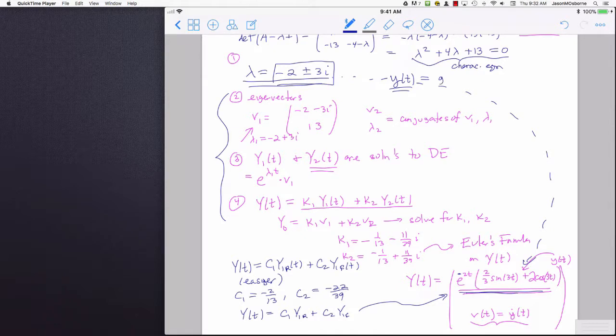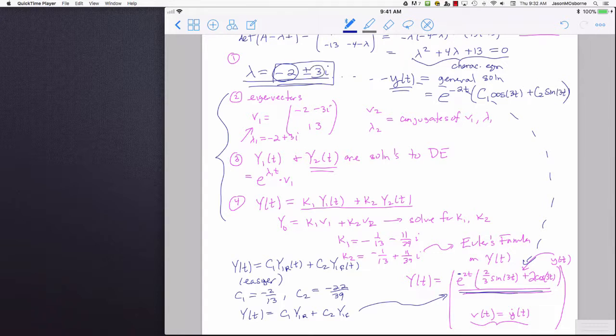So if you're looking for the general solution to y for this differential equation, notice that the real part of the eigenvalue led to the e to the minus 2t. And then we got some constant times cosine of 3t plus c2 times sine of 3t.